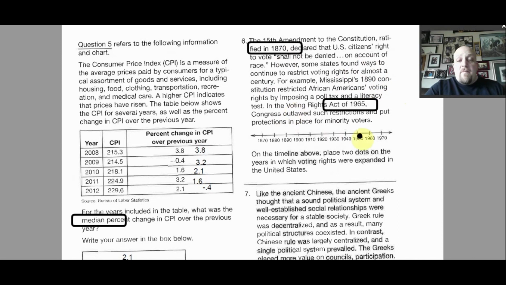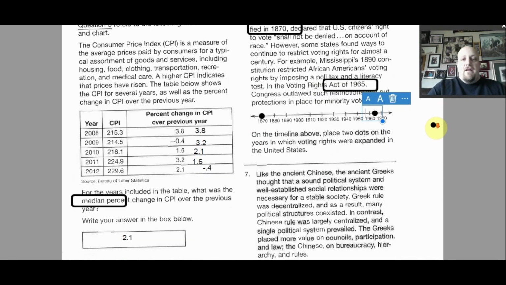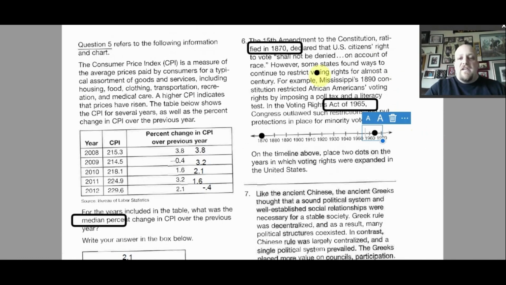The next one that makes it move forward, 1965. So 2 move forwards, 1870. We're going to go ahead and put a dot there. And 1965, kind of in the middle here. There you go. So those are the 2 that expanded it. Pretty simple. It's easy to get lost in all the wording and things like that.